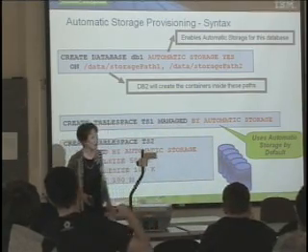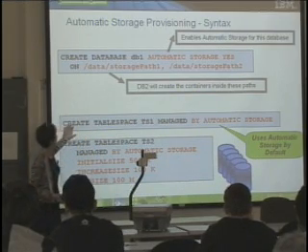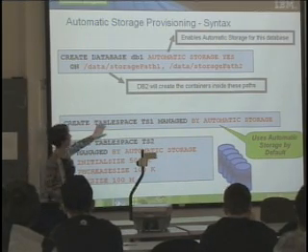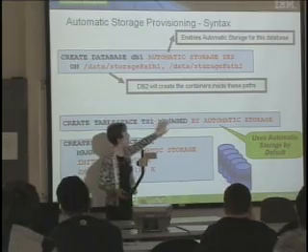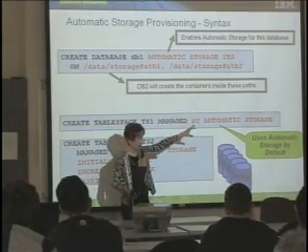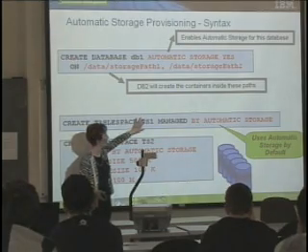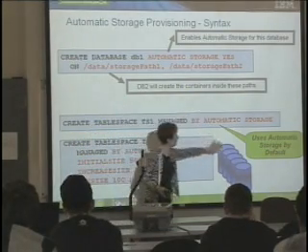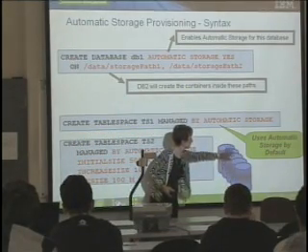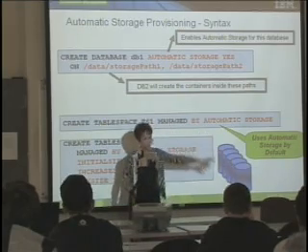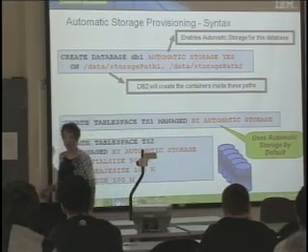And then when you create your table space, you say create table space TS1 managed by automatic storage. That means anytime you put data into table space 1, it's going to go on these 5 devices. 5 in this example. It can be 8, 16.